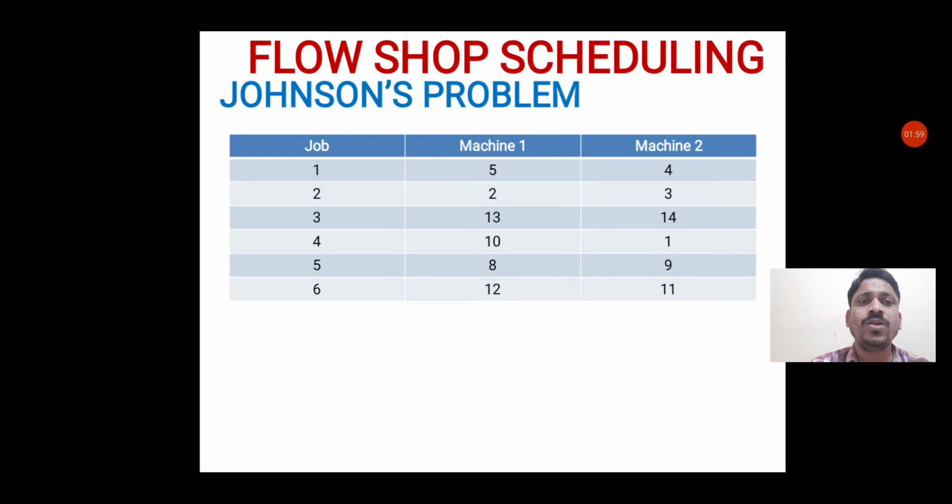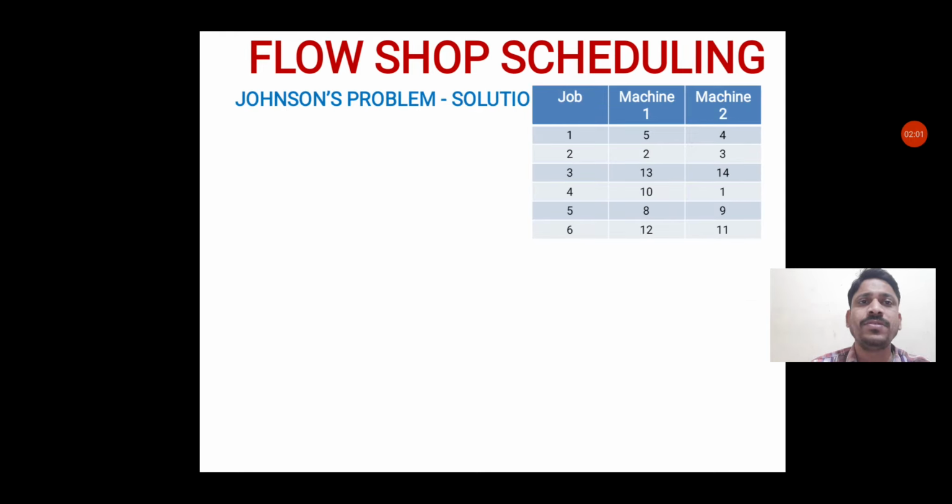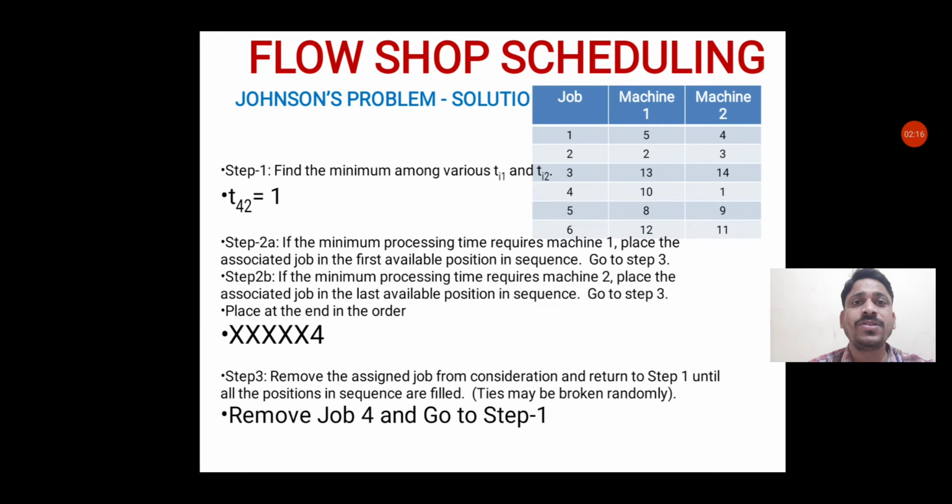So how to find out this sequence of operations by using this Johnson's algorithm? In the first table, all the 6 operations are there. So all the timings are there. So here what we are doing in the first step is we are finding out the minimum among various Ti1 and Ti2.